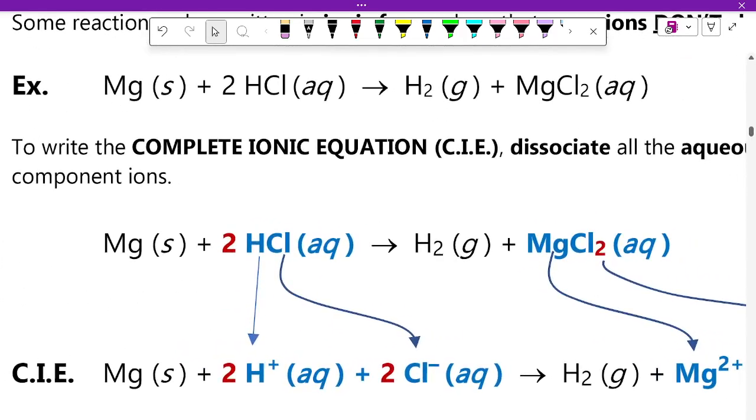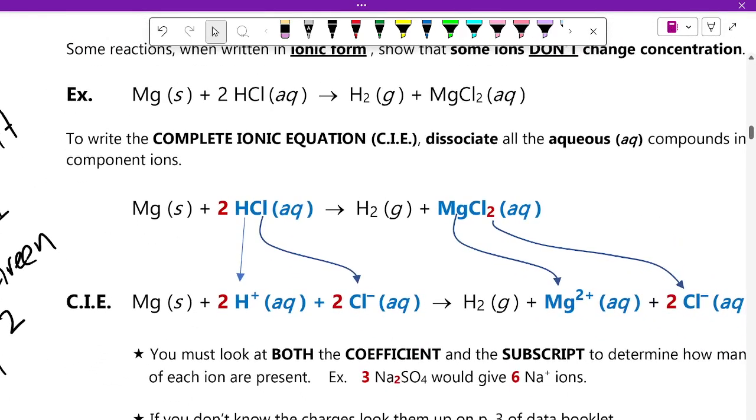All right, and then you are given the complete ionic equation, and it just stresses that you need to take into account both the subscript and the coefficient for each of them. So this 2 has to go both here, and this 2 has to go here.